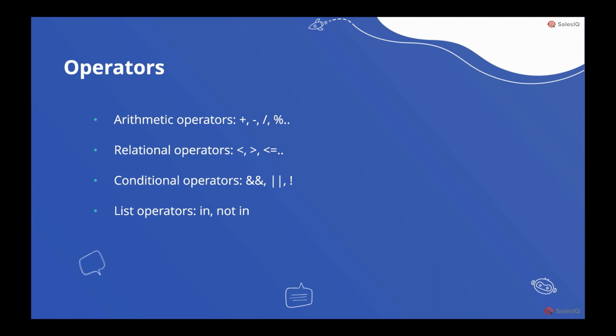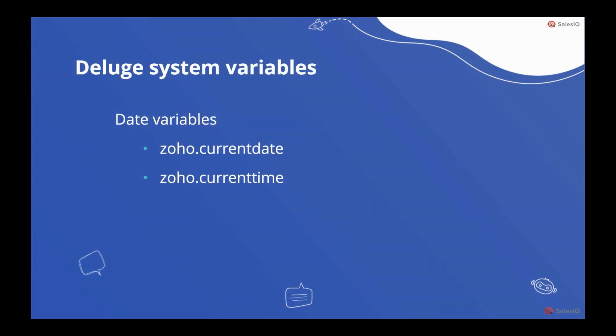And then you have Deluge system variables to retrieve the current date and time. Using Zoho.currentDate and Zoho.currentTime, you can pull out the current date and time in case any of your requirements need these values.